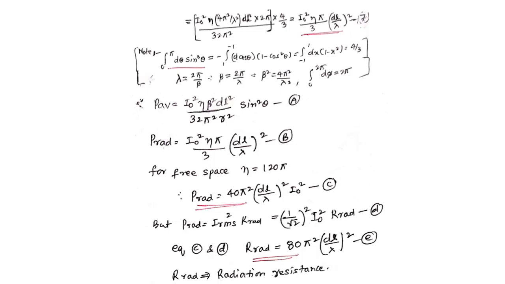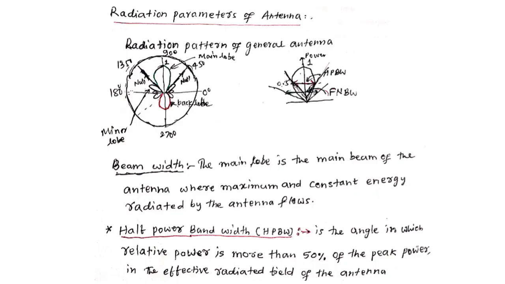Substituting equations C and D, we get R radiated is equal to 80 pi square dl by lambda whole square. Therefore, R radiated is given by radiation resistance.